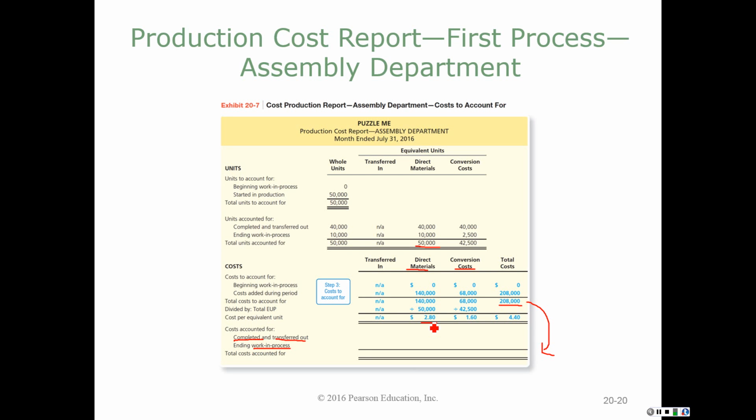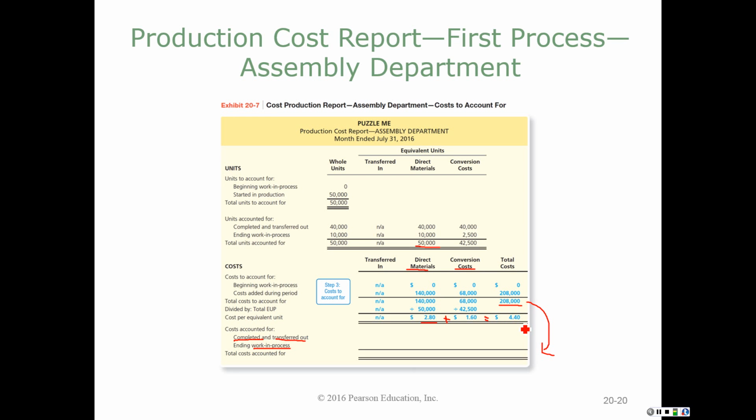We add these. It costs $2.80 per unit for materials to process these puzzles in the assembly department, and it costs $1.60 per unit in labor and overhead. So if we add these two numbers together, we get our total cost per unit, $4.40.